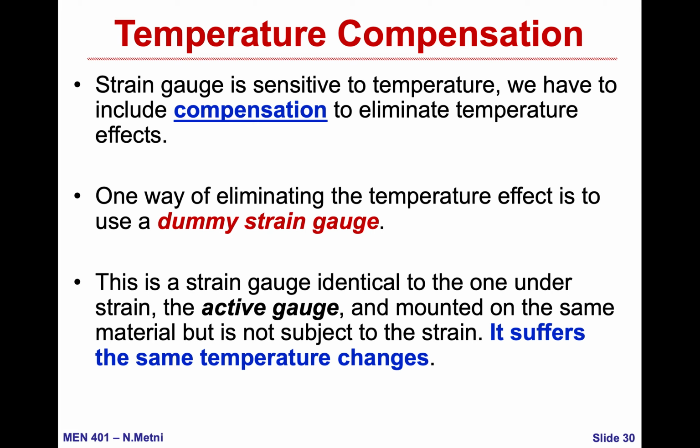So we said that, okay, we can use a temperature compensation dummy gauge, or what I call a passive. And I told you that I can use this strain gauge at the end of the cantilever beam, and I can put another similar strain gauge at the wall by ensuring that the wall has no strain.